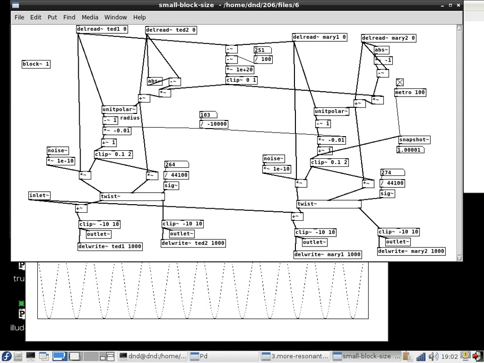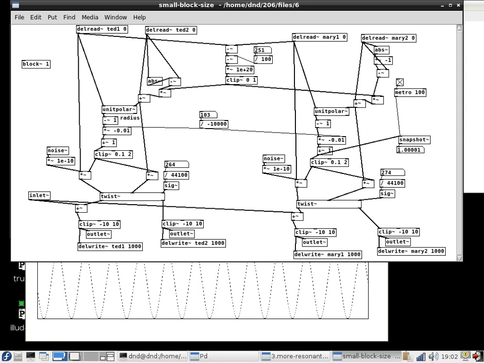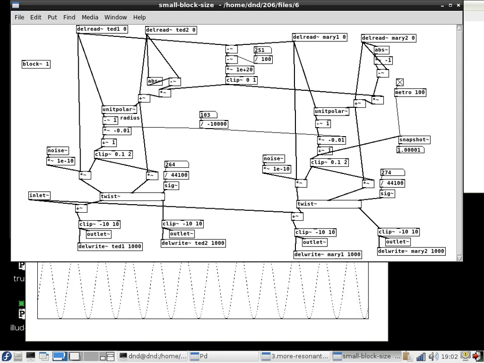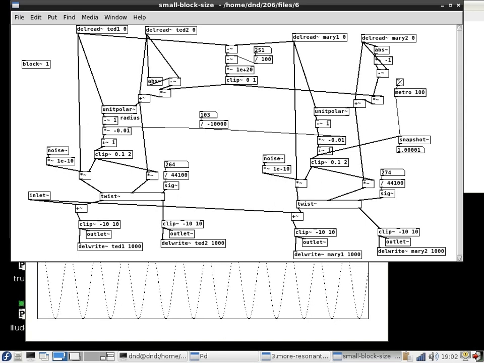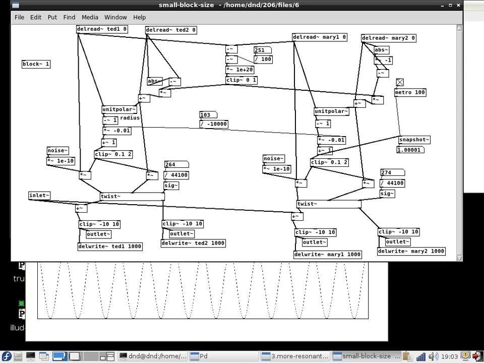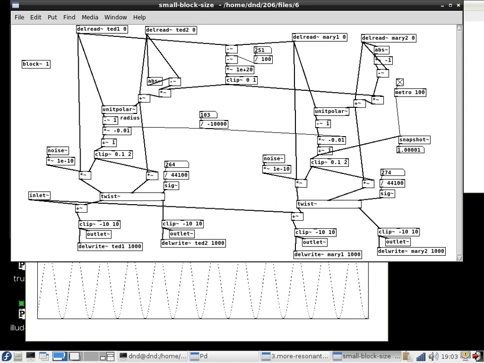So you add a little bit of noise to the ball so that it starts rolling, and then finally it finds the proper limit cycle that's actually stable. So it's really just there to keep it from being 0, especially when you close the patch and reopen it. Then suddenly it's not doing anything because everything was 0, and that mathematically is okay, even though physically it's not, because it's unstable. Okay. Yeah.